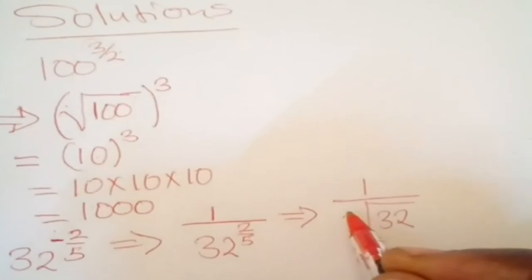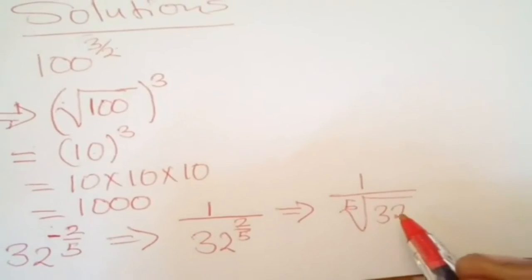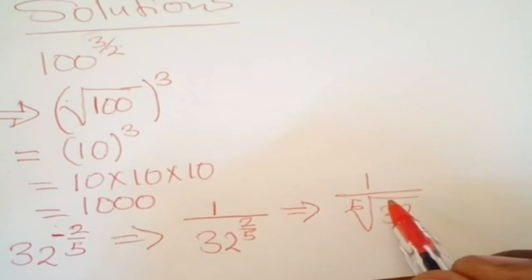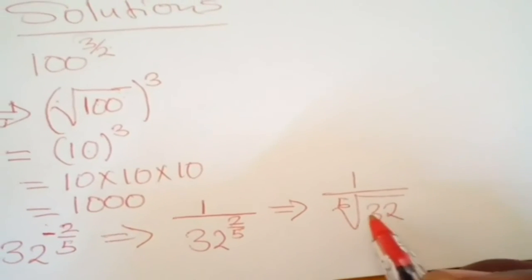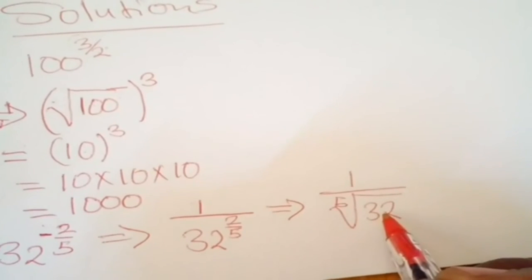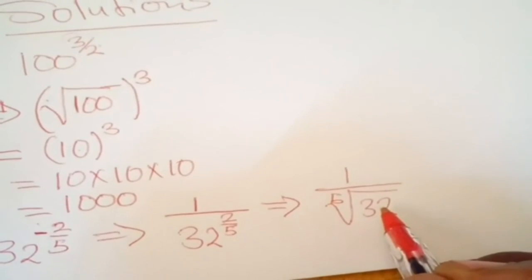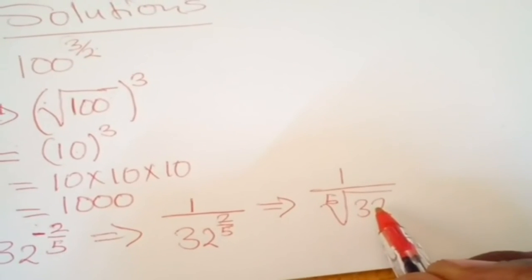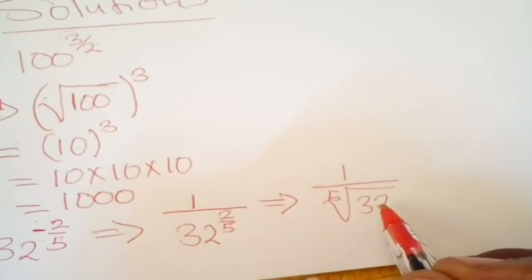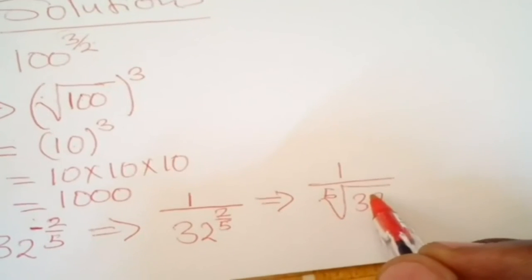This 5 is going to come here, meaning you are finding the 5th root of 32. And when you are talking about the 5th root, we are talking about an integer such that when that integer is multiplied by itself 5 times, you are going to get 32.